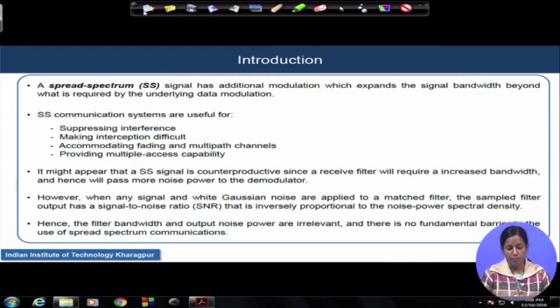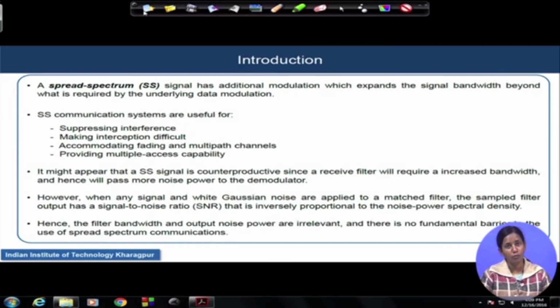But remember, if the signal is following a Gaussian process and Gaussian noise is also applied on top of it, then we understand by the fundamentals of the matched filter that the sampled matched filter output will give me maximum SNR, which will be inversely proportional to the power spectral density of the noise.